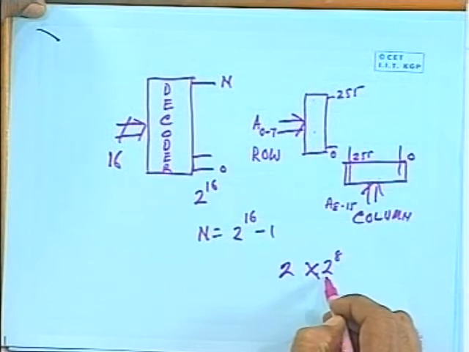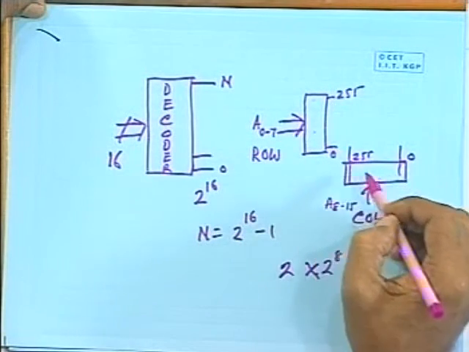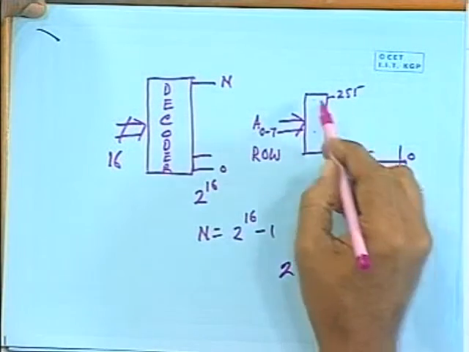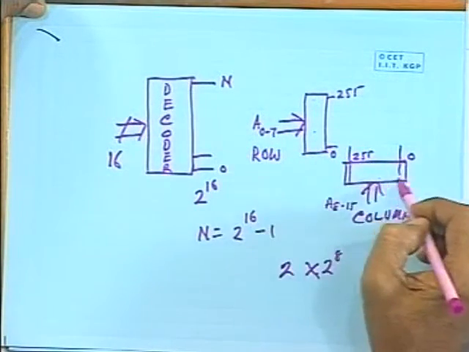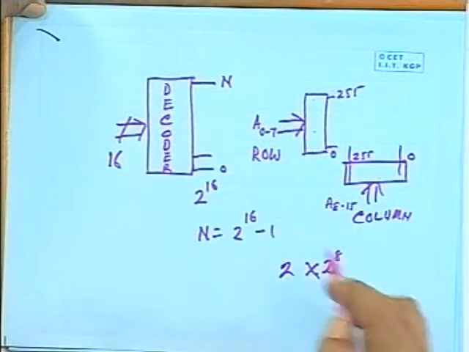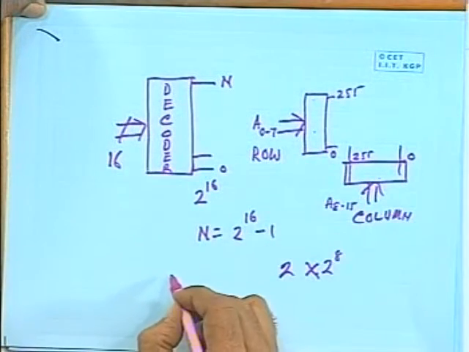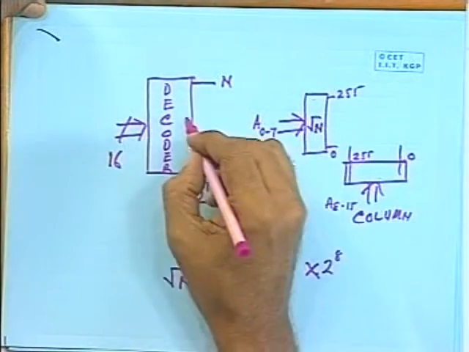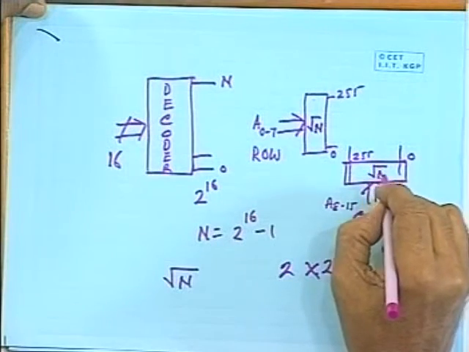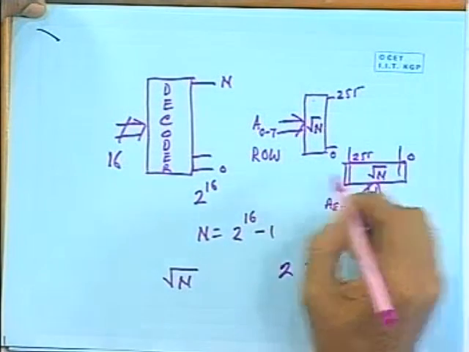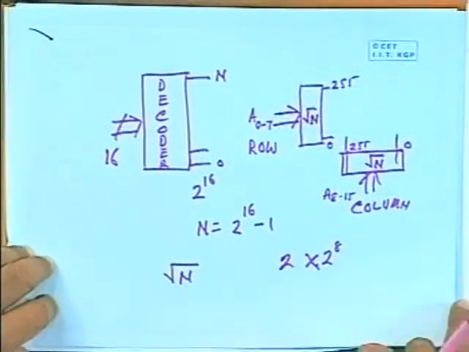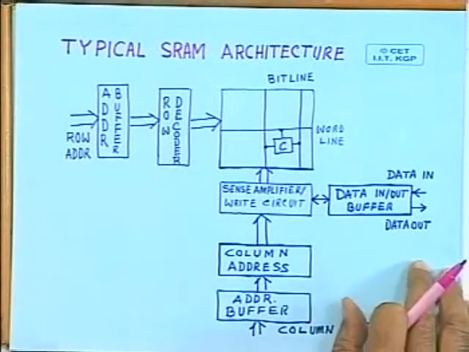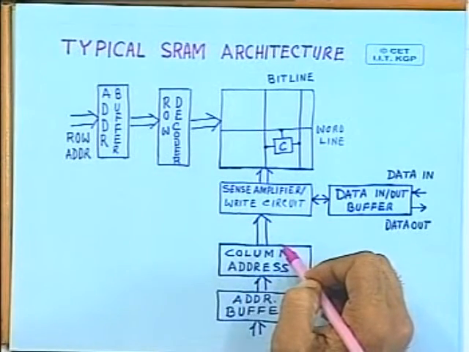So you can see here the total number of decoder functions, the functions that are realized by using the decoder section, is much smaller here, about root n times. So here the complexity is root n times compared to n times the complexity there. And as a consequence, in all the memories, inside the chip, the memory is organized in two dimensions.